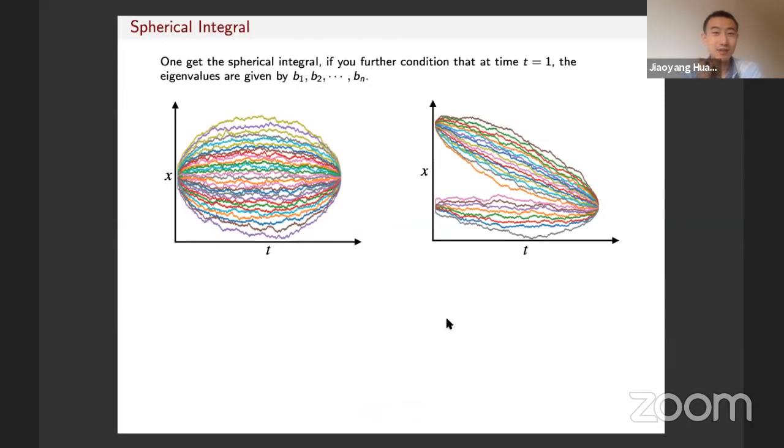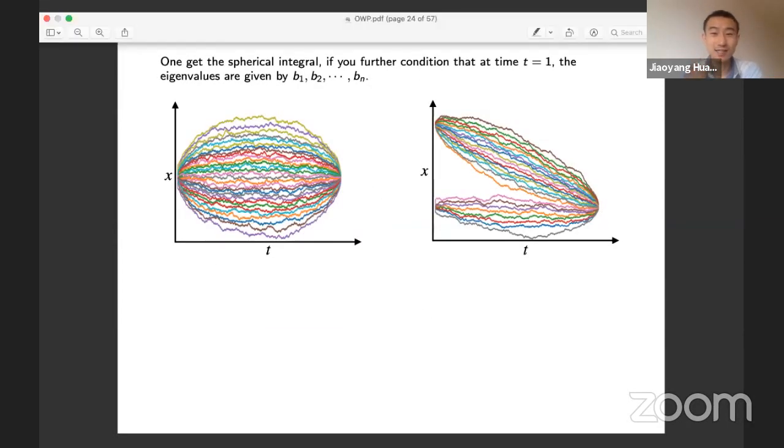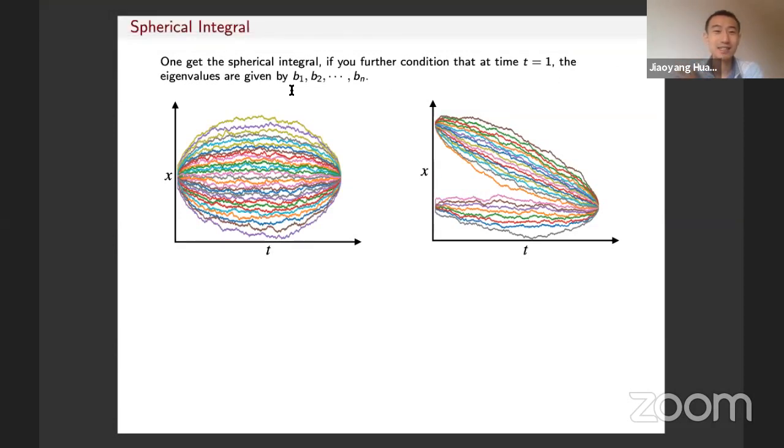And one gets a spherical integral if we further condition on the eigenvalues at time t equals 1 being given by b1, b2, until bn. For example, if we start from A with all eigenvalues at 0, and condition that at time t equals 1 the Dyson's Brownian motion also ends with every particle at 0, then we get this very famous watermelon shape plot.